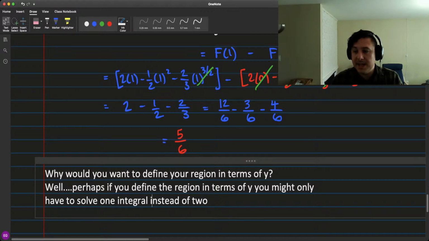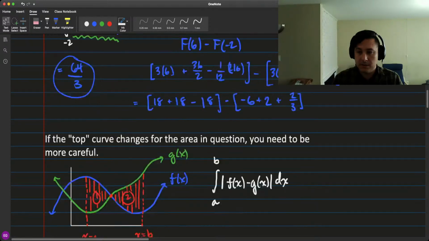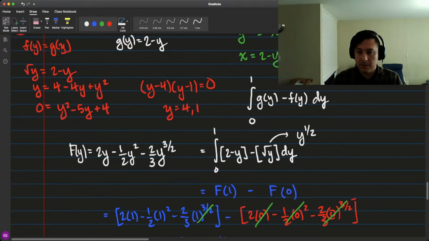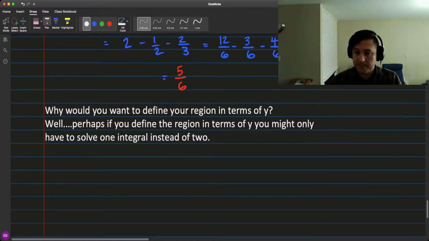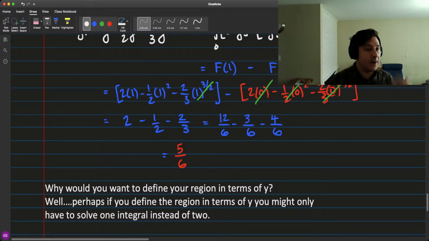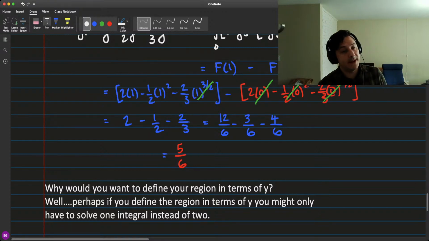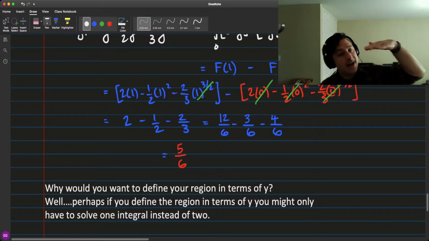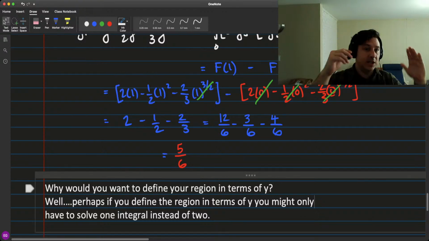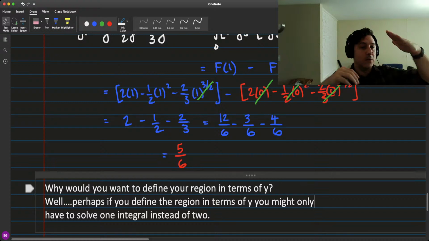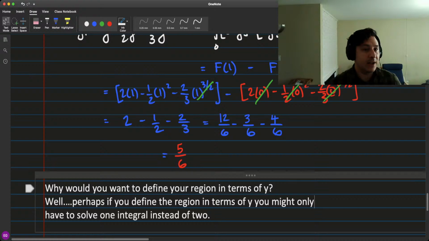Hopefully that makes sense, with the picture I had above. Why would you want to do this? Because it just might make it easier. If you look at it in terms of y, maybe one function's always on top and one's on bottom. But if you were to switch it and look at x, maybe one function will be on top for this part, and then another function will be on top for the other part. So that just makes your life easier.